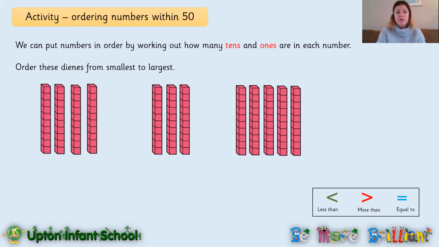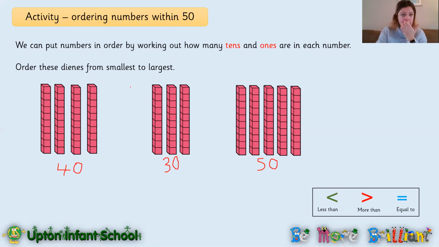So we have 4 tens here, 4 groups of 10, and 0 ones. So we have 40 here. We have 1, 2, 3. We have 3 groups of 10 and 0 ones here. And we have 1, 2, 3, 4, 5. We have 5 groups of 10 and 0 ones.